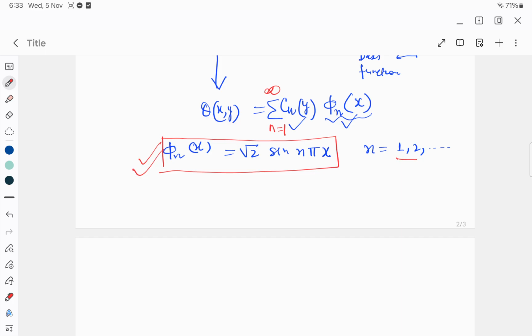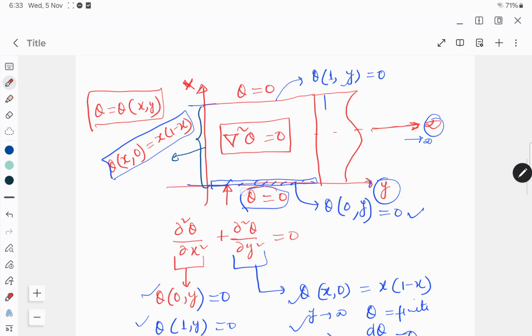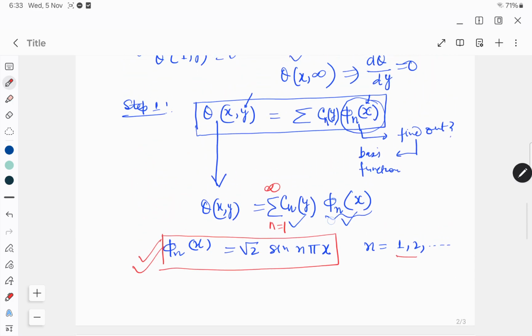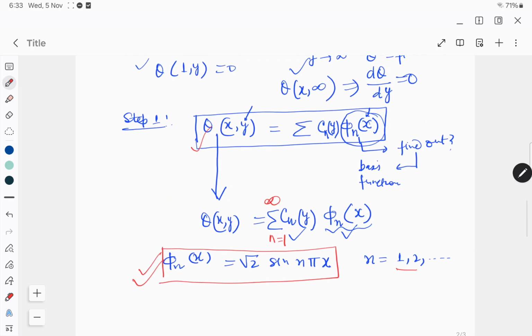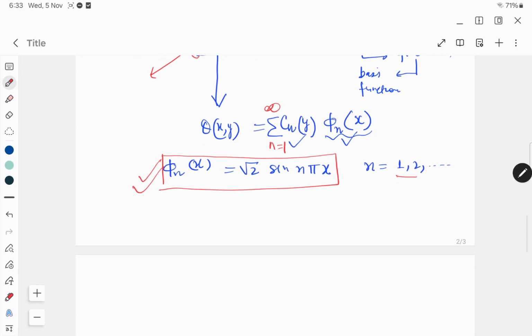But the main thing to note is that each of these basis functions vanishes at x equal to 0 and x equal to 1, similar to the variable theta. Just like the theta boundary condition, theta vanishes at the finite boundaries, theta is equal to 0 on these boundaries, but not along this one. Homogeneous means equal to 0, so this is a homogeneous boundary condition along the x-axis.